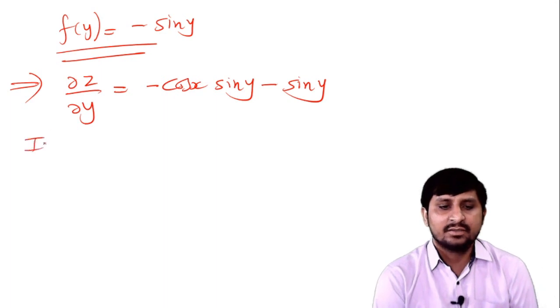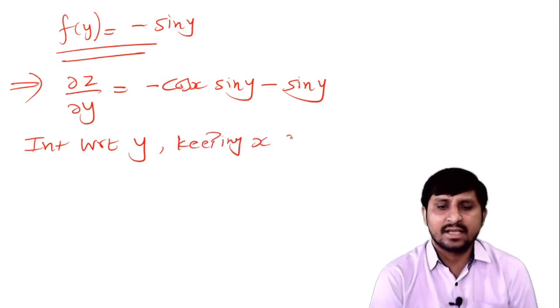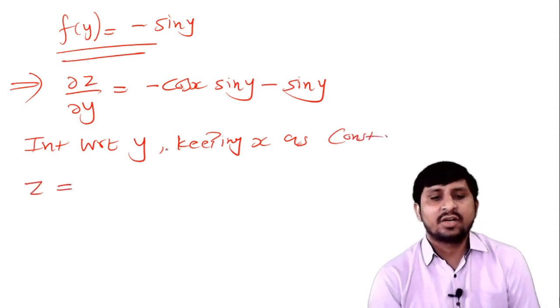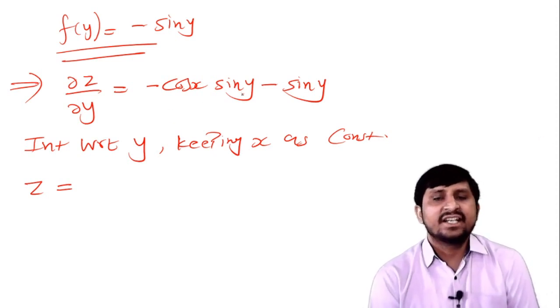Now integrating with respect to y, keeping x as a constant. So z is equal to now integration with respect to y. Integration of sin y, that is minus cos y.